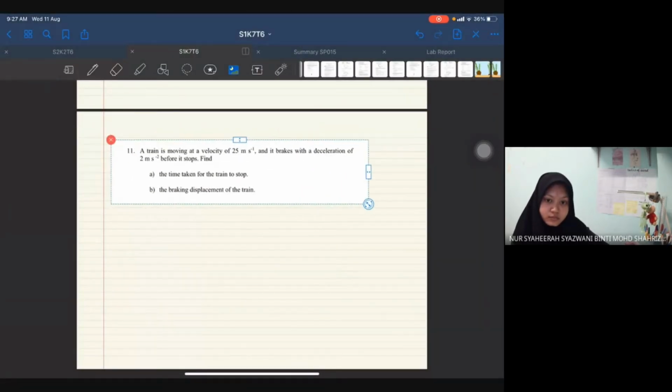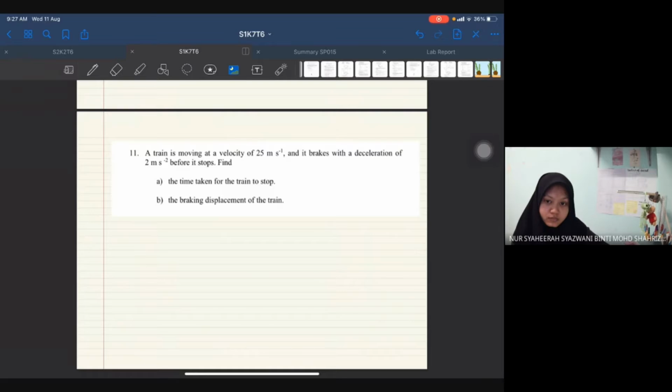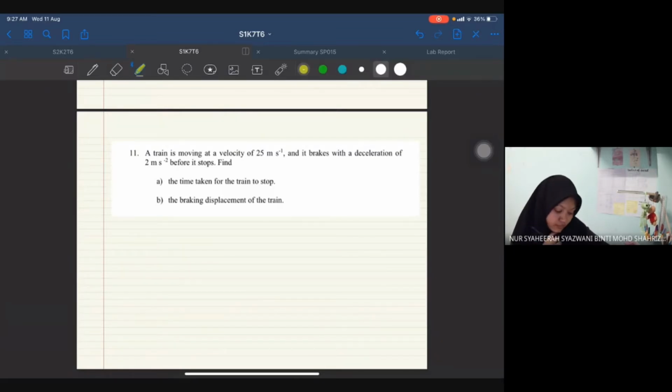Okay, it says here, a train is moving at a velocity of 25 meter per second and it brakes with a deceleration of 2 meter per second squared before it stops. Okay, like I said, first thing first, we highlight. Find the time taken for the train to stop, and the braking displacement of the train.